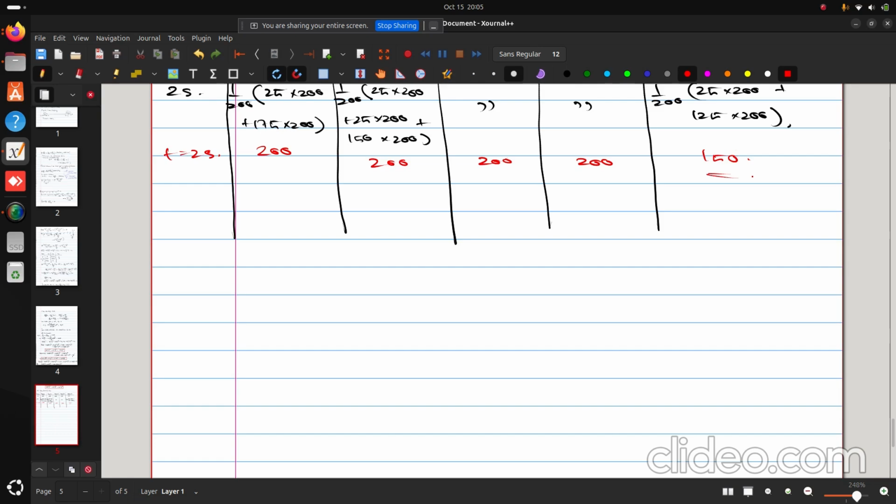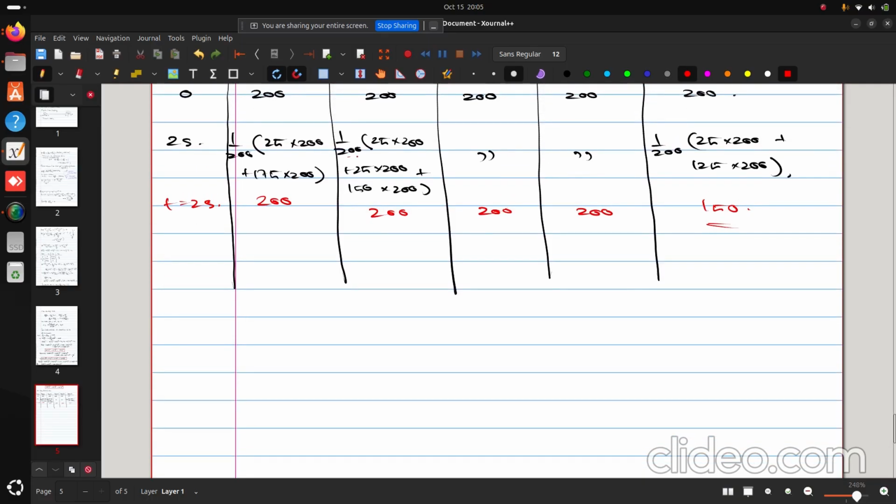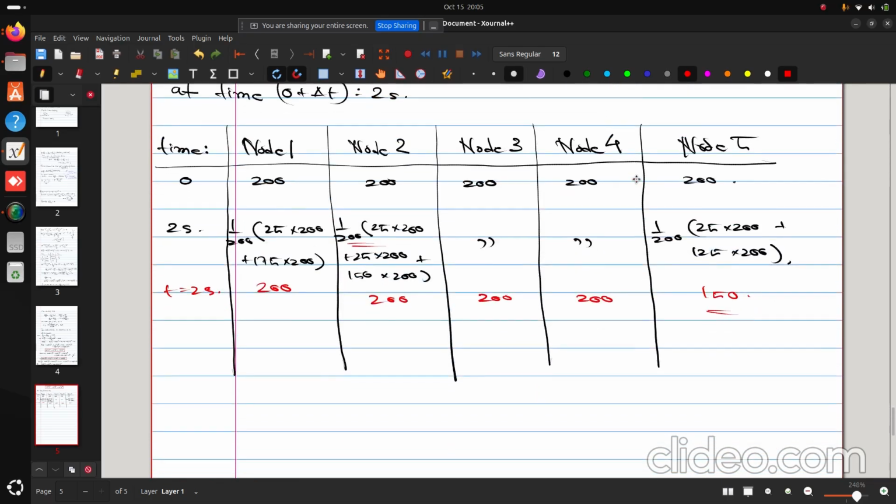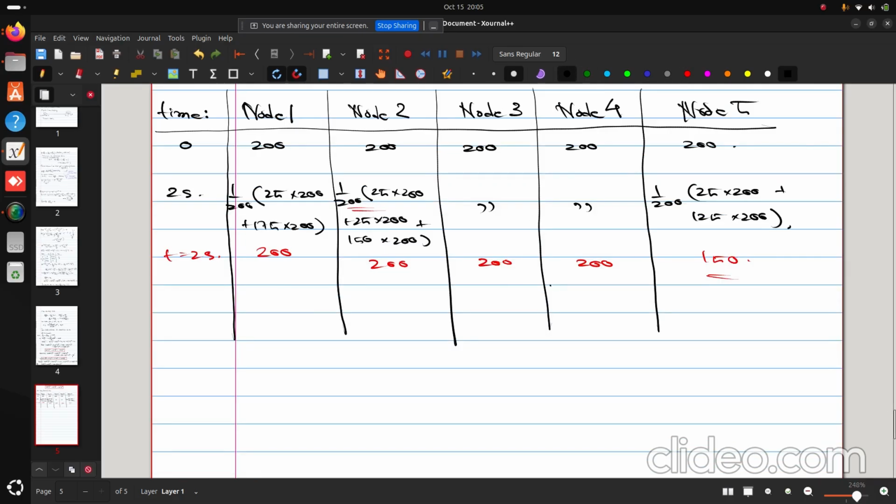As we substitute the new values, in the next time step, for node number 4, the equation will be 1 by 200 times 25 times 200 plus 25 times 150 plus 150 times 200, and this will again result in a lower temperature. At t equal to 4 seconds, we'll have the temperature as 193 point something, and this will go further down to 118 point something.